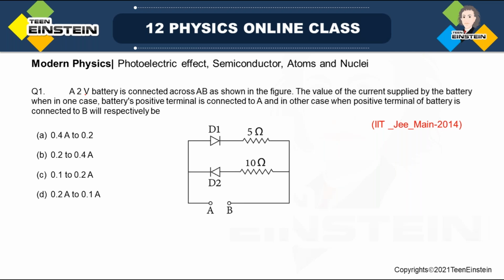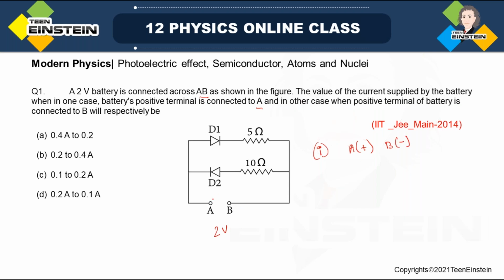It says a 2-volt battery is connected across AB, this gap, as shown in the figure. The value of the current supplied by the battery when in one case battery's positive terminal is connected to A. So first case, A is positive and B is negative.